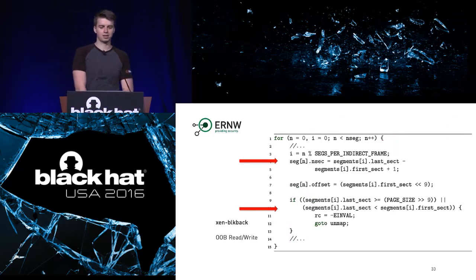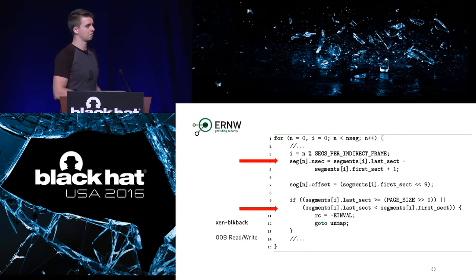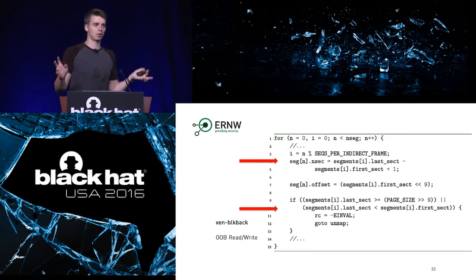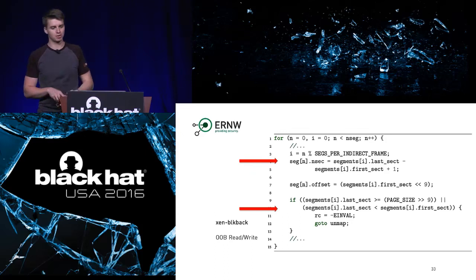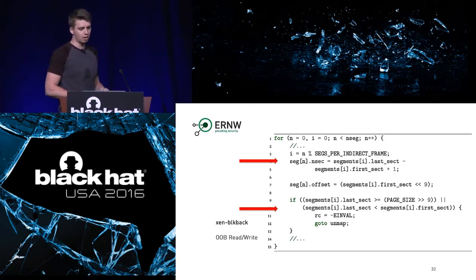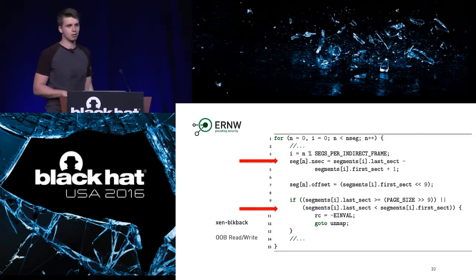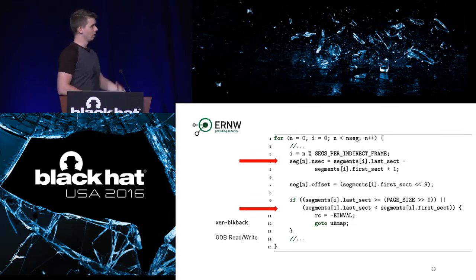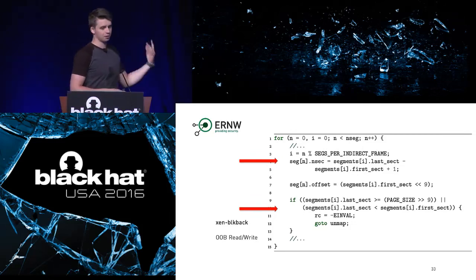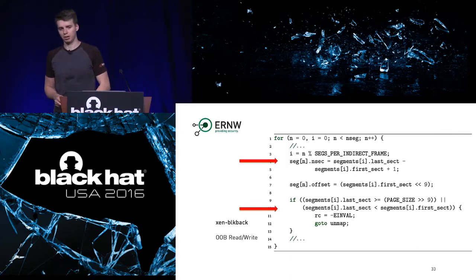The second bug I discovered is in the blockback interface. And purely from an exploitation perspective, this is probably the most interesting one. You have the segments array, and they access the last sect and first sect numbers, and use them to calculate a number of sectors. After they calculate this value, they have an if condition where they check that the values are harmless or lie in a valid range.